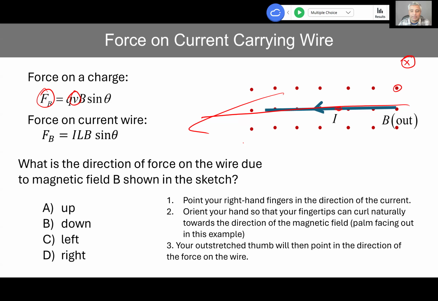If your screen is flat on the table, then your palm should be up. Now curl it. You are curling up, right? That means your thumb is pointing up on the screen. So yes, A is the correct answer in this case. This is the same as if it was a positive charge moving. Same method.